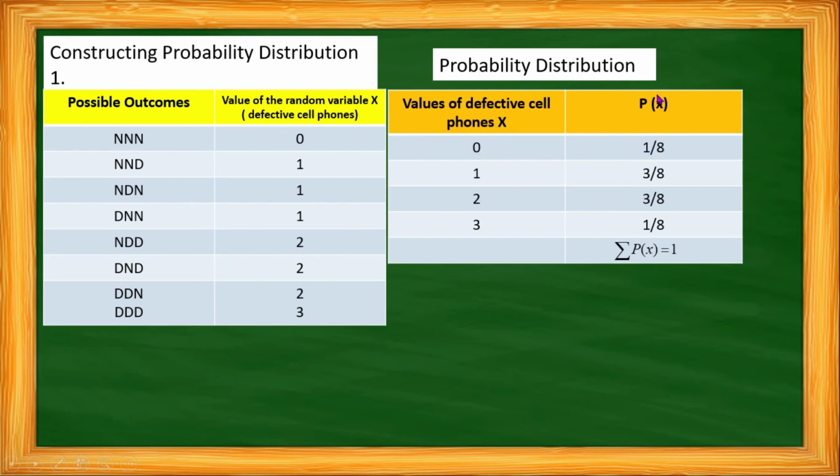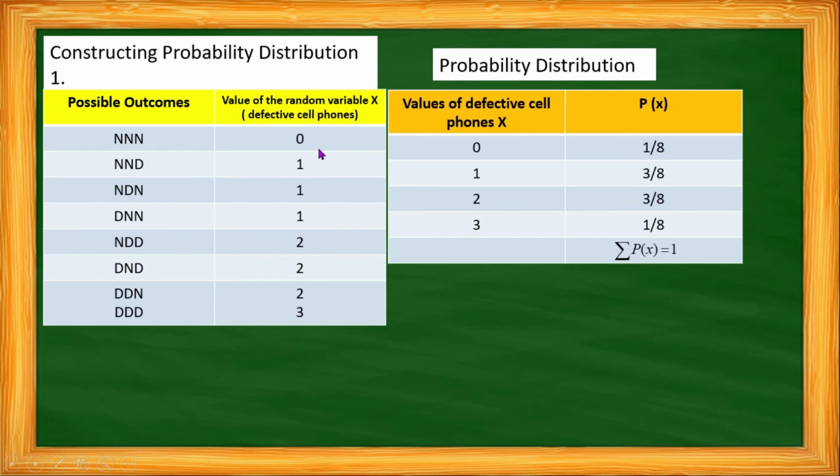The first value of the defective cell phones is 0. The probability is 1 over 8 because, by looking at this table, there is only one 0 in this column, and since we have 8 outcomes, that is why 1 over 8. Then the second value is 1.